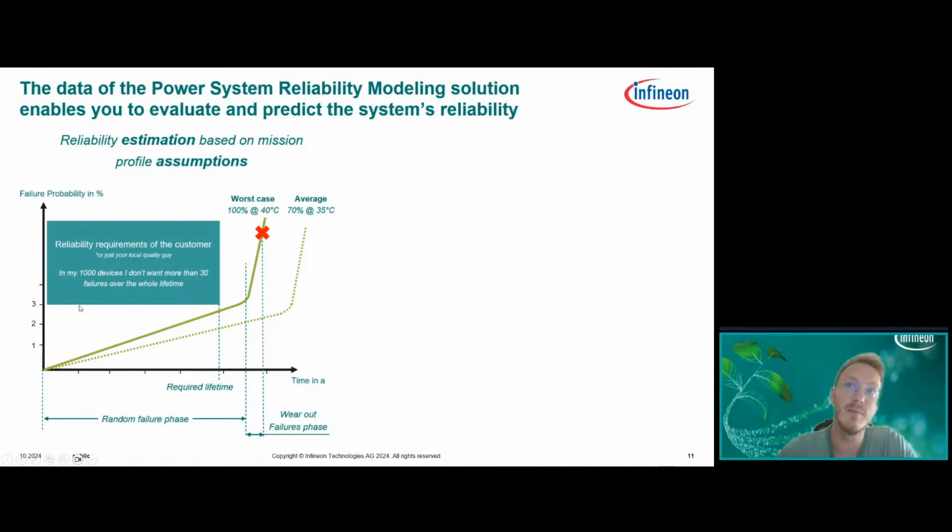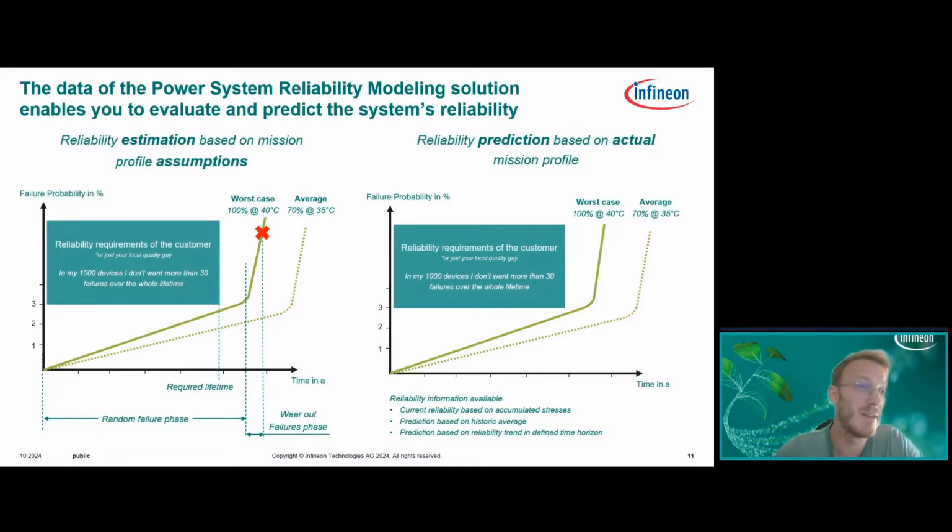So this basically means a maximum of 3% of the devices are allowed to fail. By calculating the failure rate, the customer can see the failure rate under worst case assumptions and under average assumptions. Then he can say, I meet my reliability requirements as I don't touch this forbidden area here.